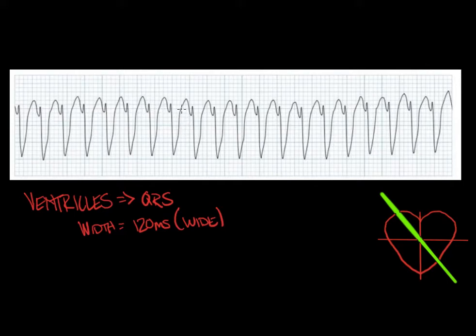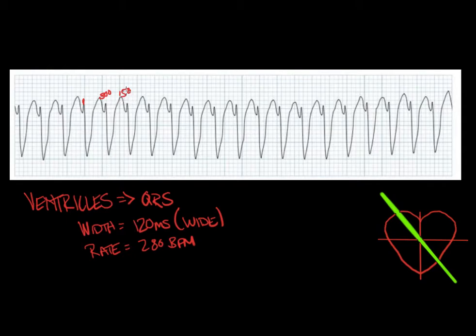If we find an R wave that's fairly close to a thick line of a big box, this one will work just fine, and we count out our big boxes. So this would be 300, 150. We can see our next beat's fairly close to that 300. I would probably call that rate somewhere around 280 or so. So pretty fast.